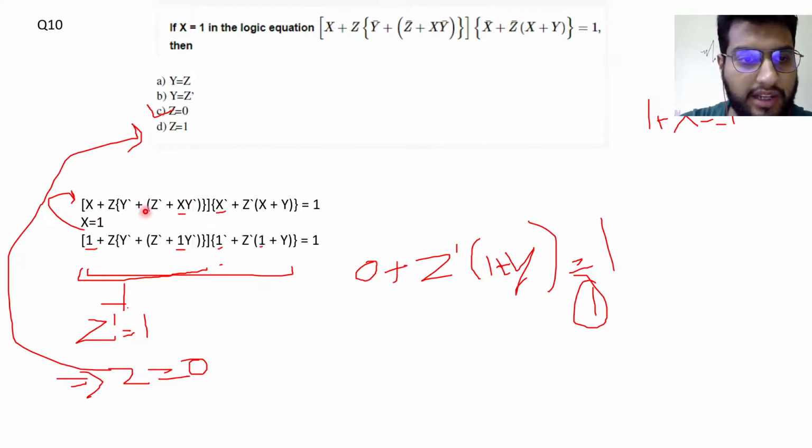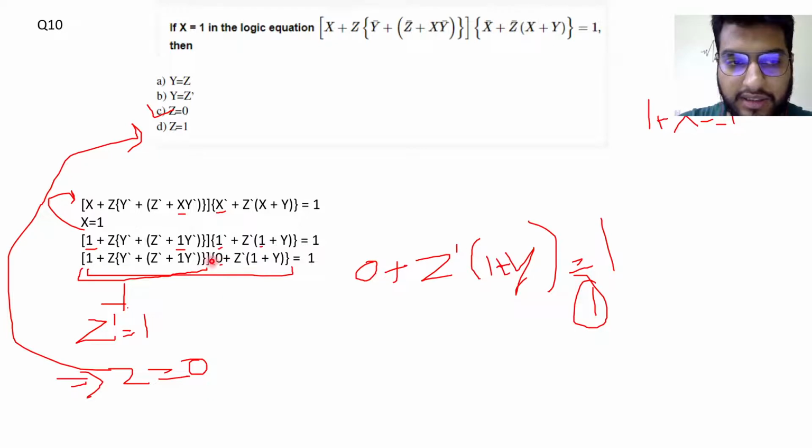Then I plugged x equal to 1 into this equation, replacing x by 1. I know 1 complement is 0, so I wrote it like this. And you know that 1 or x is equal to 1 always. So regardless of the value of the rest of the expression, this will always be equal to 1.